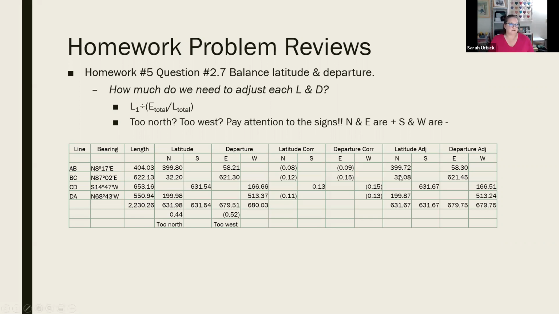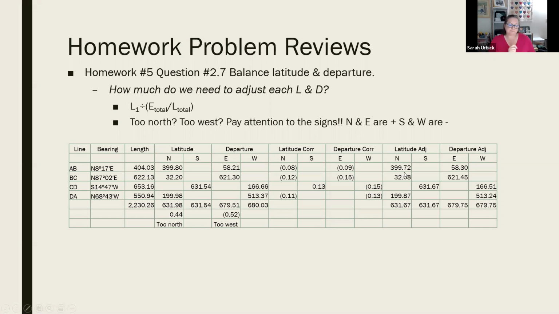Okay. So our latitude, we're too far north, so we have to come south. So we're going to subtract our correction amount to get our new latitude. If we look at our south latitude, it still is too far north, but we need to make it more negative, more south. So we're going to add that correction to that coordinate, to that point.